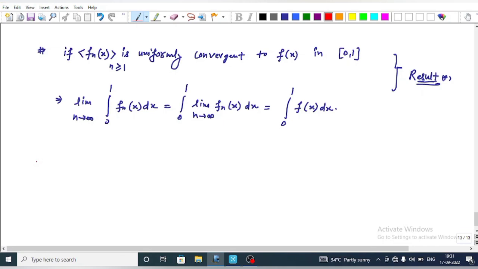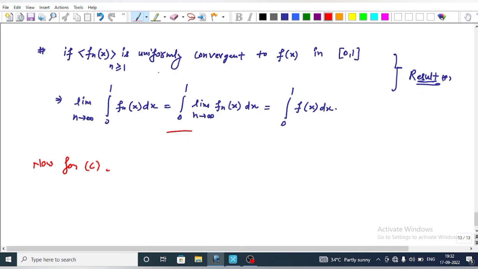Now for option C, we have to remember the result. That is, if fn(x) sequence is uniformly convergent to f(x) in closed interval 0, 1, this implies that limit n tends to infinity of integral 0 to 1 fn(x) dx is equal to integral 0 to 1 limit n tends to infinity fn(x) dx. This must be equal to this.